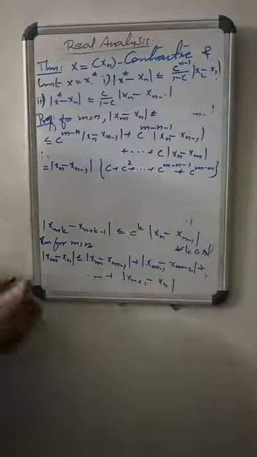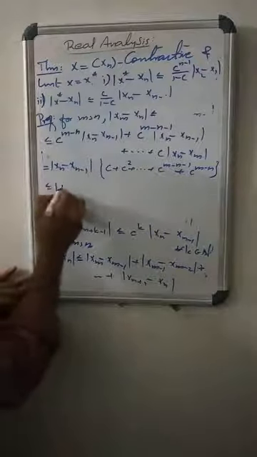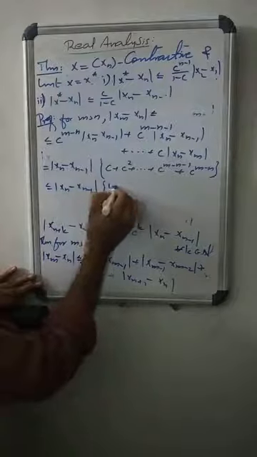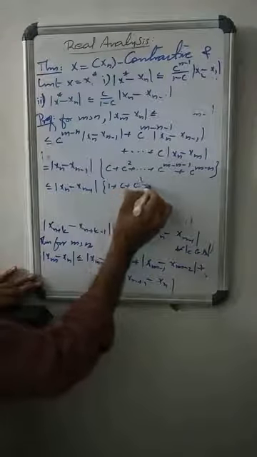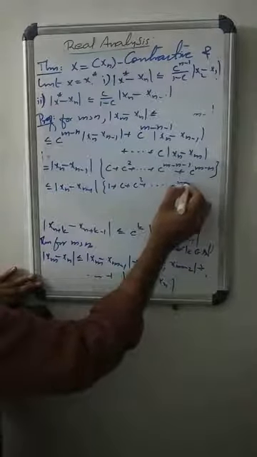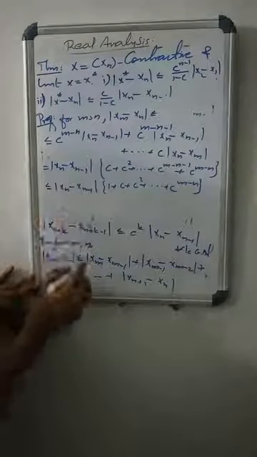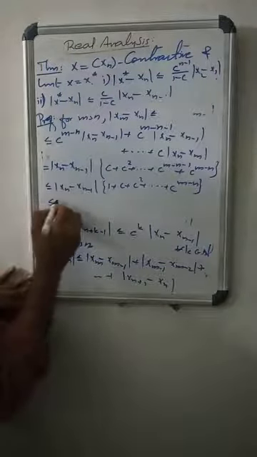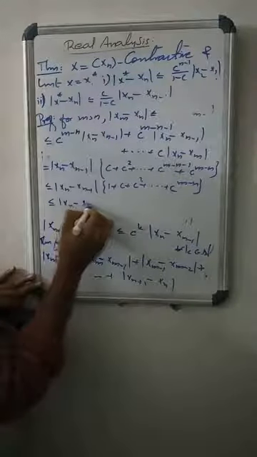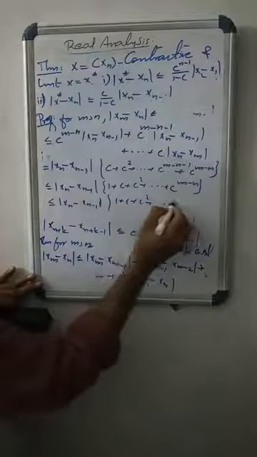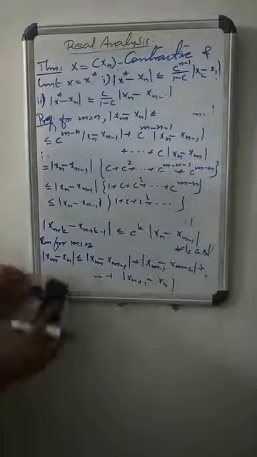So it is less than or equal to modulus of x_n minus x_{n-1} into, you can introduce 1 here, 1 plus c squared plus etc. plus c^{m-n}. Sure? This inequality holds. So it is also less than or equal to modulus of x_n minus x_{n-1} into 1 plus c squared plus etc., for an infinite series.